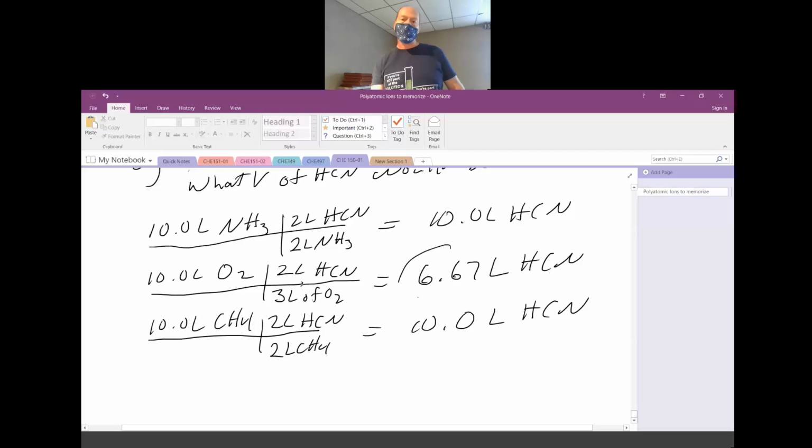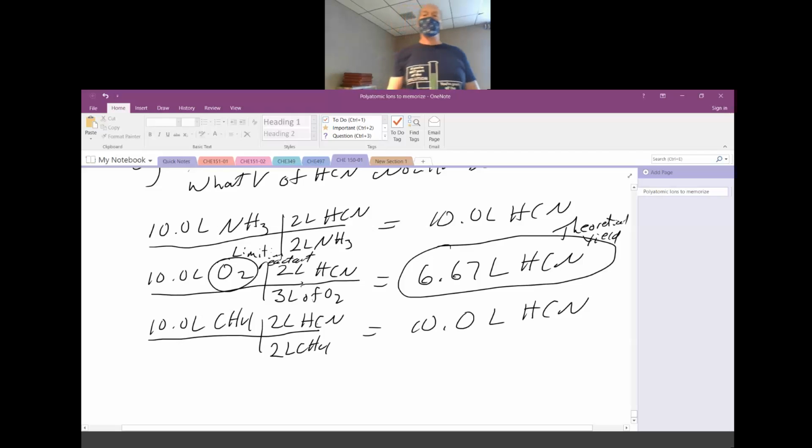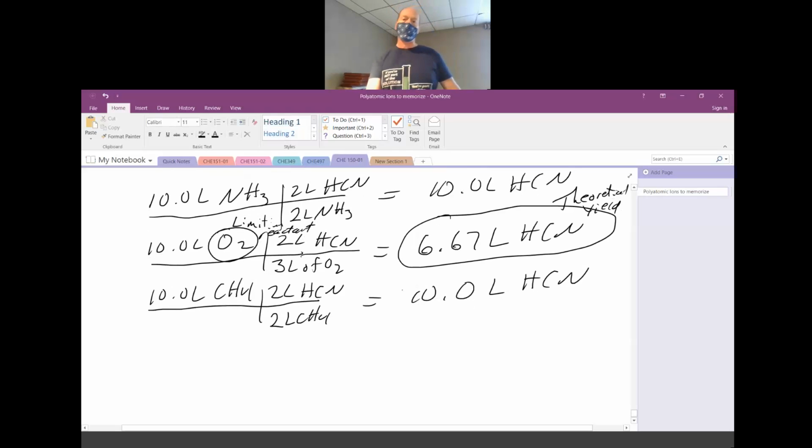Again, the one that gives you the least amount of product is your theoretical yield. That means O2 is the limiting reactant, and the theoretical yield, the most volume you can get for HCN, is 6.67 liters.